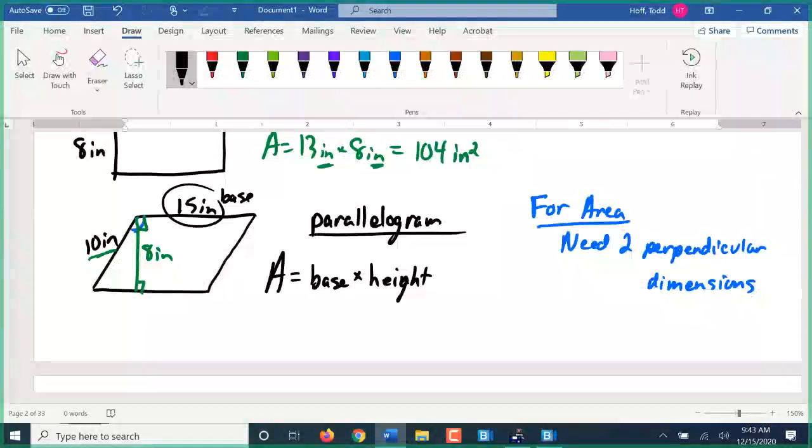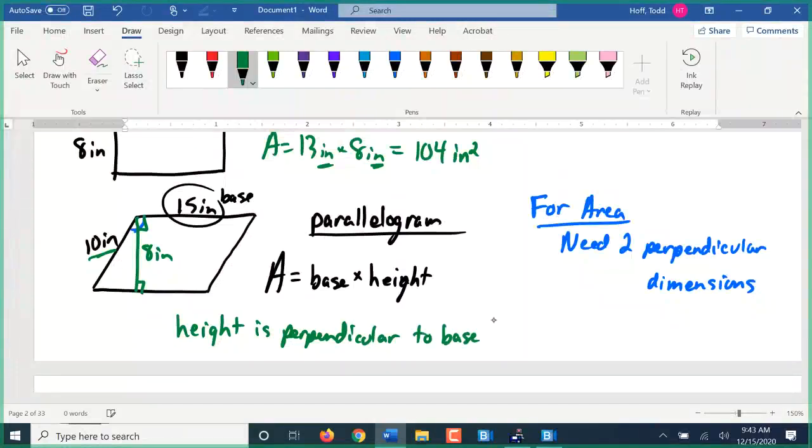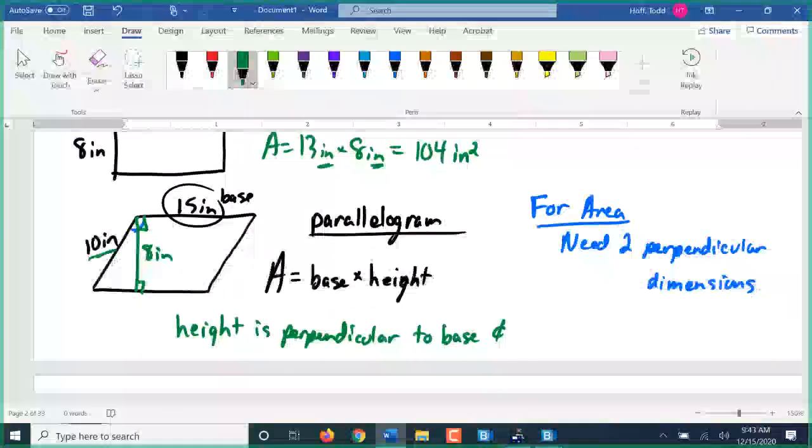And a height is always perpendicular to the base, and it reaches to the furthest point of the figure.